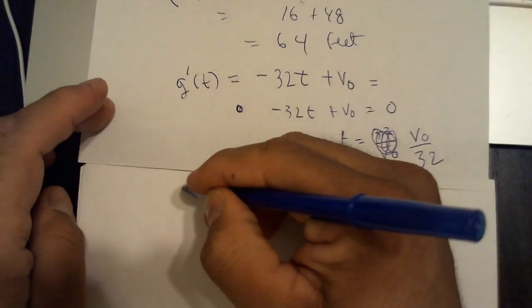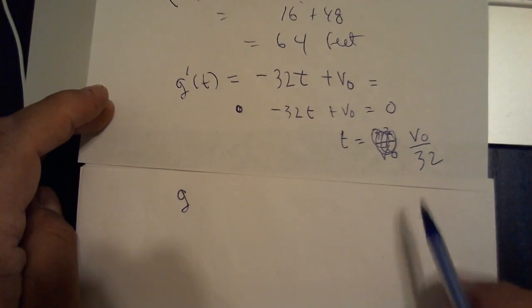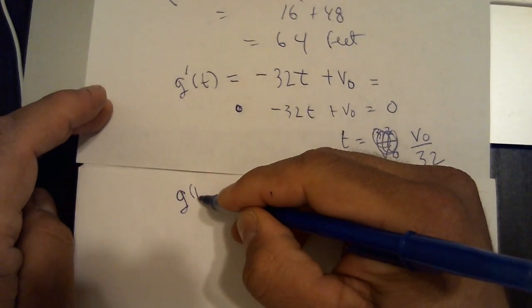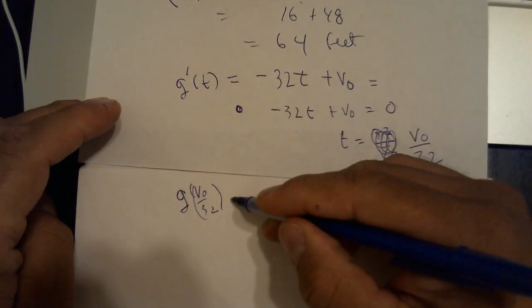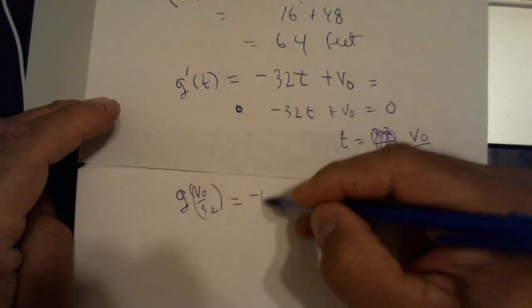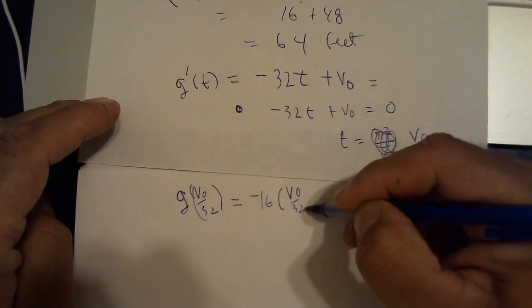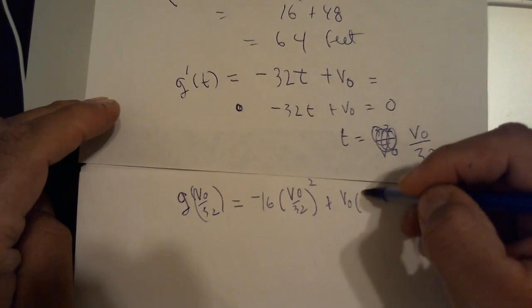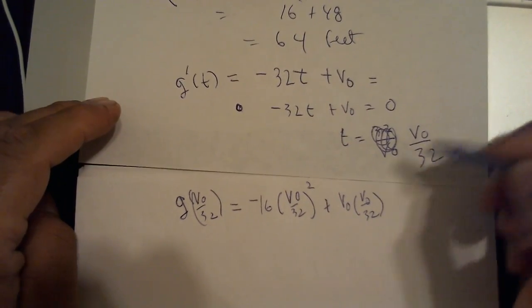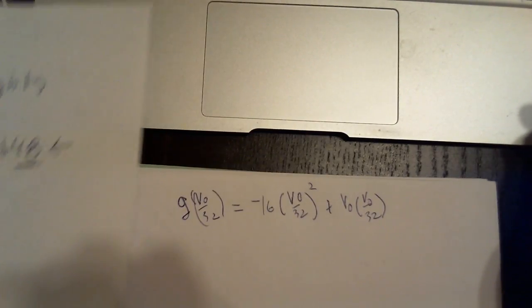Now I'll go to the function g and plug in v0 over 32 squared.